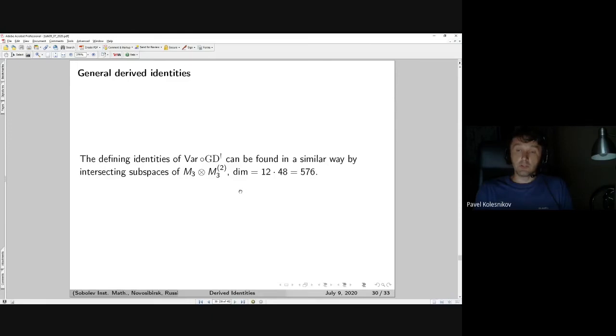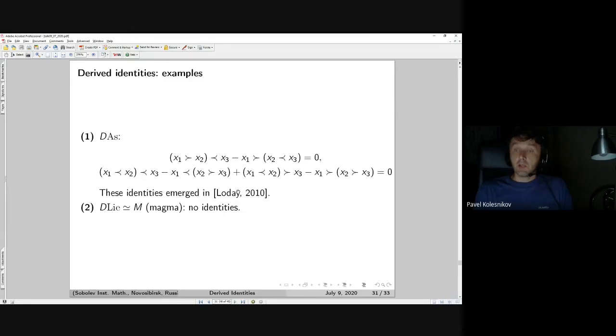As soon as we intersect two spaces, we obtain the identities. And the calculation for, for example, associative algebras gives us the following result. The derived associative algebras are defined by two identities: central associativity, which is very expectable, and another identity.